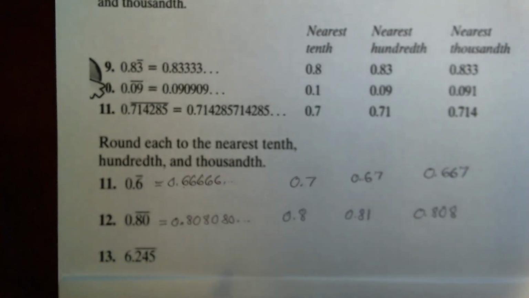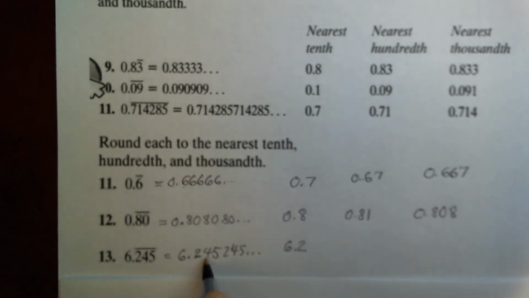And number 13, this means 6.245, etc. So for the nearest tenth, that would be the 2, and since it's followed by 4, we round it down to 6.2.